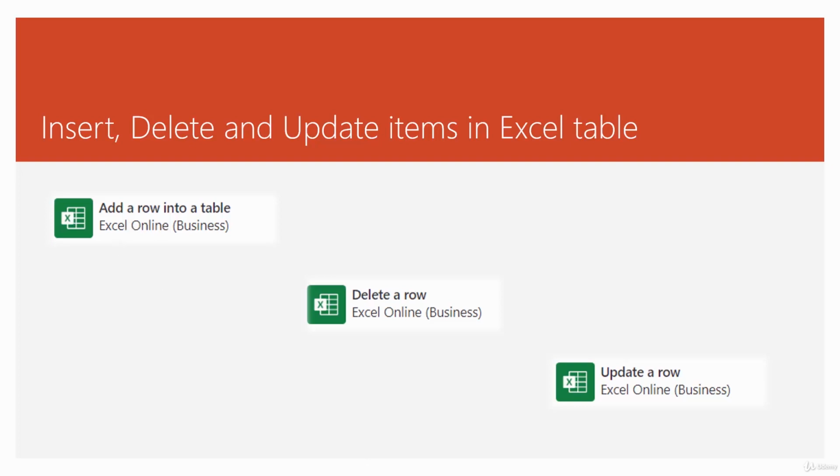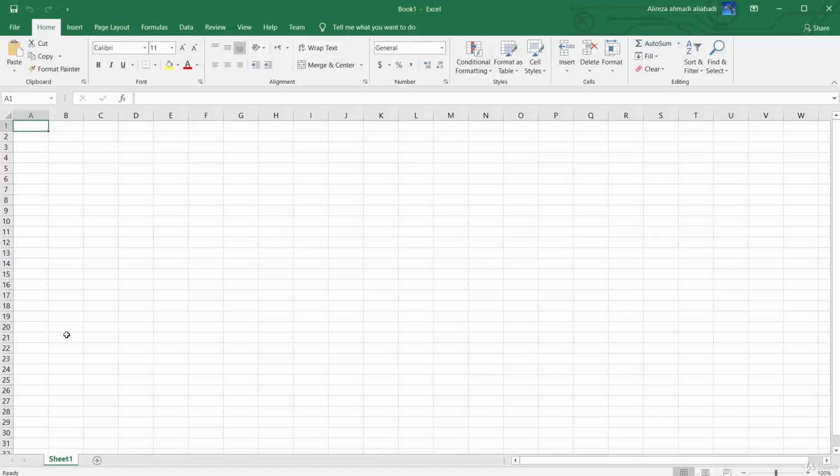Before doing that, we need an Excel sheet. So I put a quick range here and I call it product, unit price, and finally category.